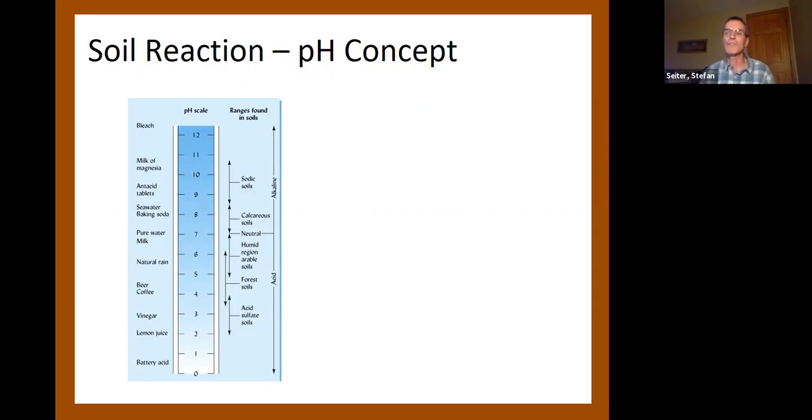One thing you notice on this slide is that natural rain is not neutral. So natural rain is actually under pH 6. So it's already in the acidic range. Our soils that we can grow something on range anywhere from just under 8, maybe 7.5, to maybe 4.5. There are some other soils in the world, but you can't really grow much on them.